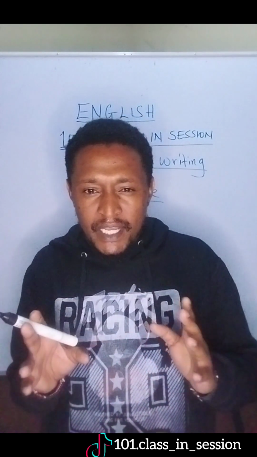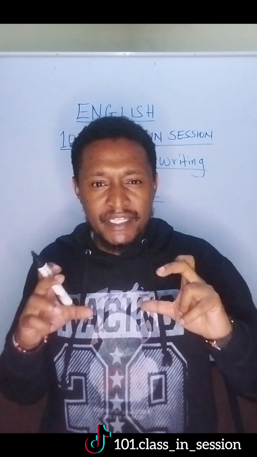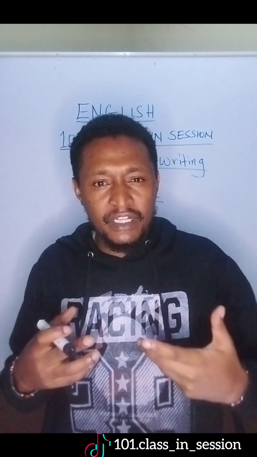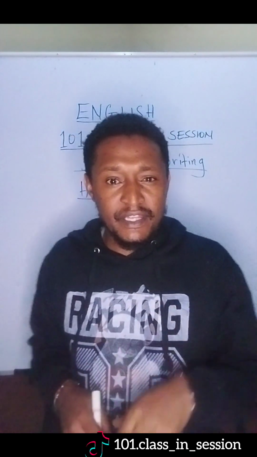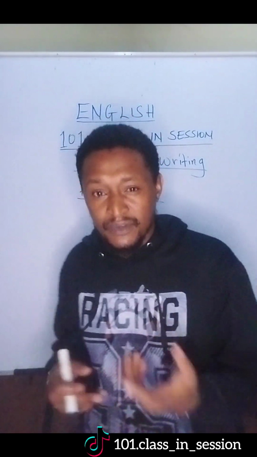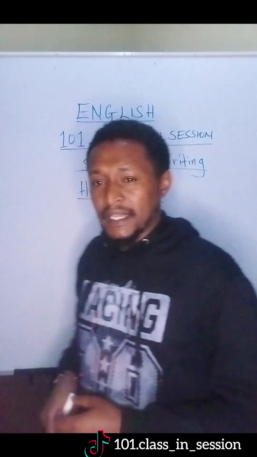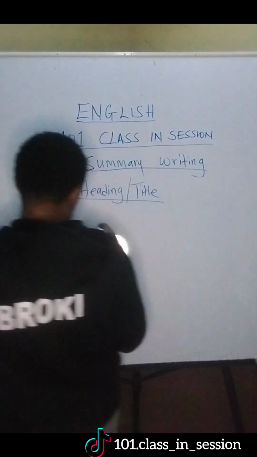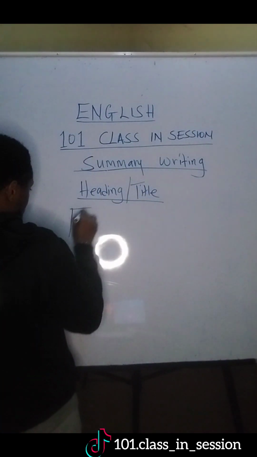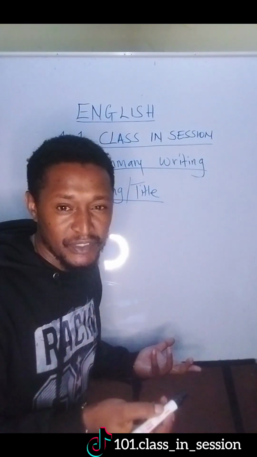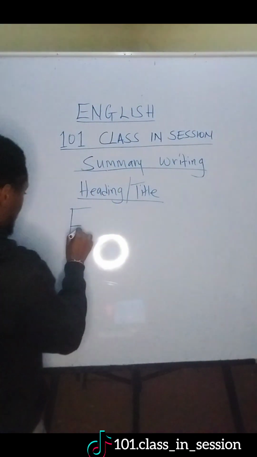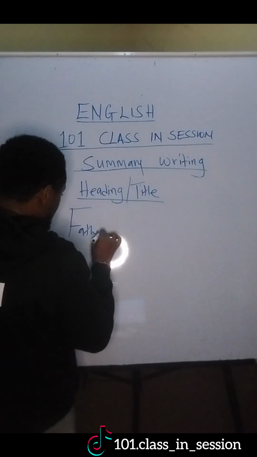Utaangalia, there are some words in that title that are written with an initial capital letter, isn't it? Let's take, for example, the novel that the Form 4s and Form 3s are doing in Kenya today. It is called Fathers of Nations. Of course, F for fathers ni capital letter because ndio ya kwanza. Okay, fathers.